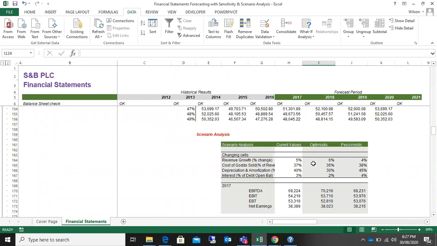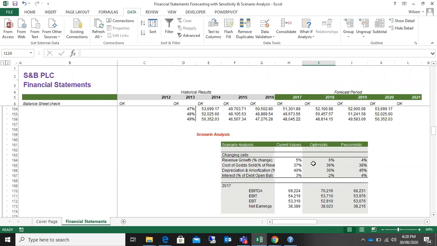Pessimistic or the optimistic? Optimistic. Okay, the optimistic case is a little lower than the current value for net earnings.